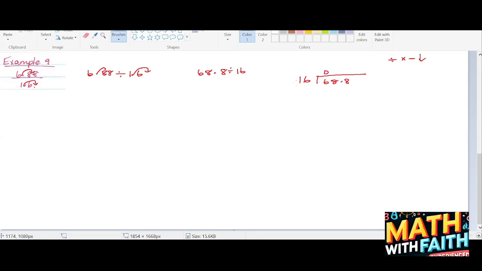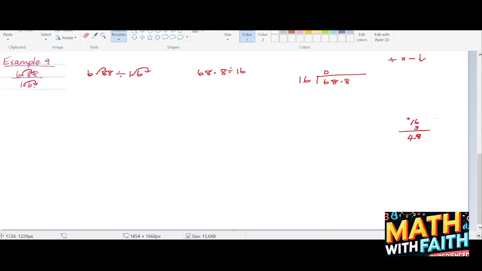68. How many groups of 16 can we get from 68? Well, let's see. I'm going to try 3. 6 threes are 18, 1 three is 3 and 1 is 4. 48. All right.